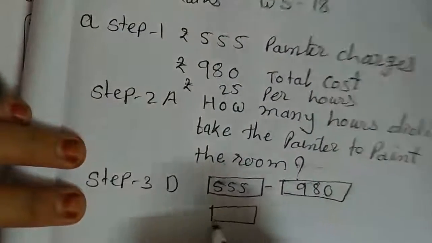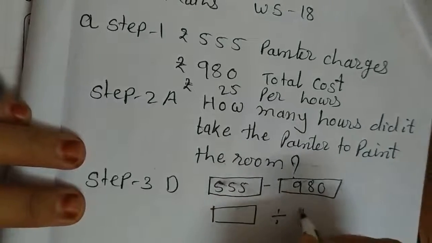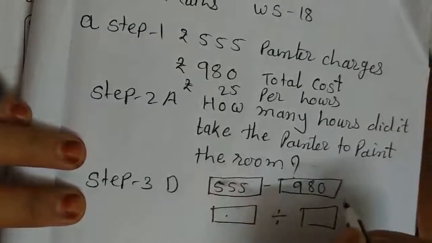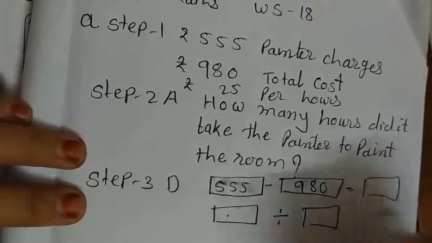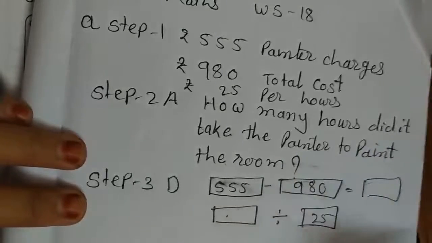Okay, then we have to write again 2 boxes. One box we leave empty, and then here we have to write 25.